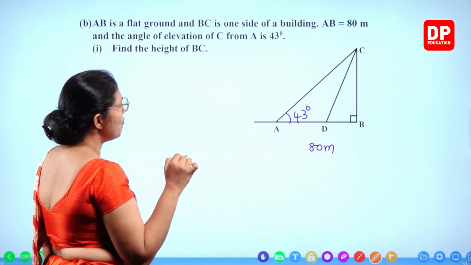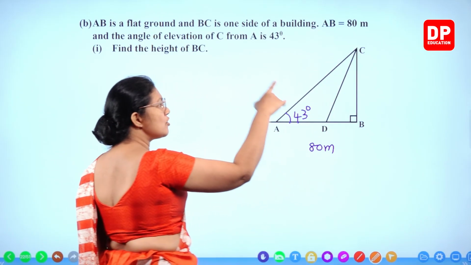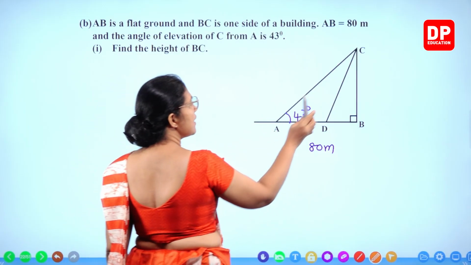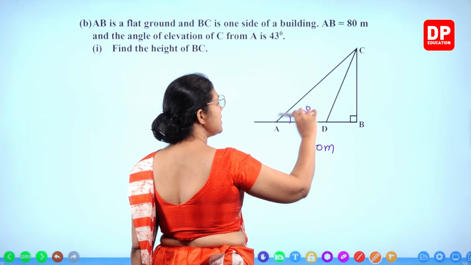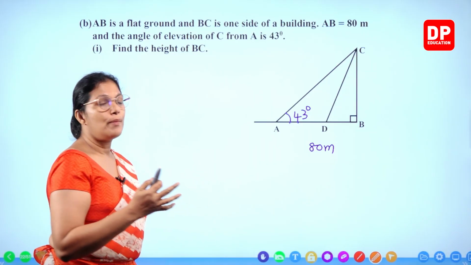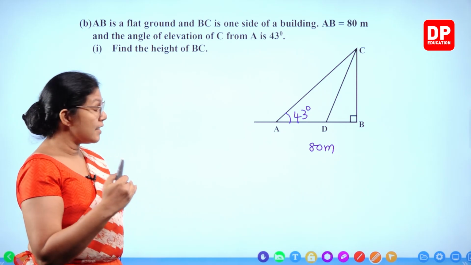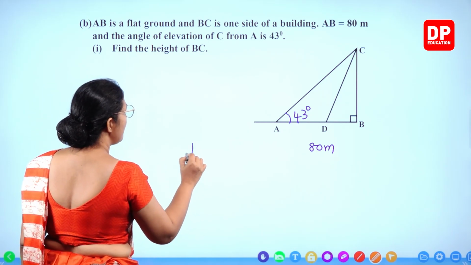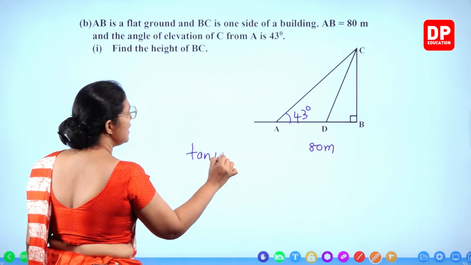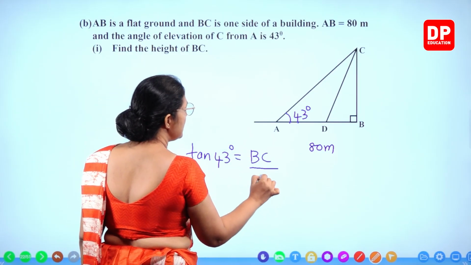Find the height of BC. This height. When you take the big triangle to this angle, this height is opposite and this height is adjacent. So what is the suitable trigonometric ratio? Opposite and adjacent relates to tan. So you can write tan 43 is equal to BC over 80.